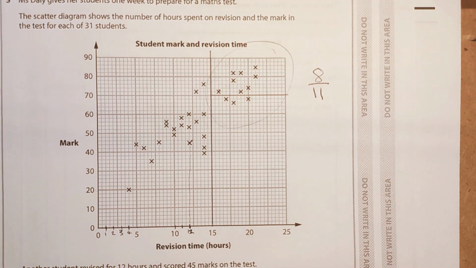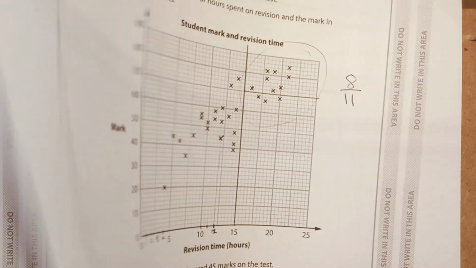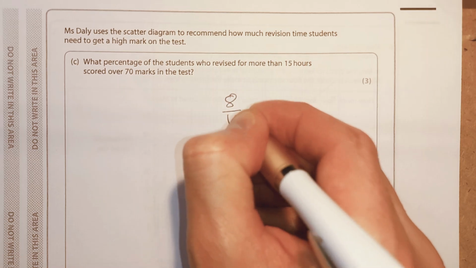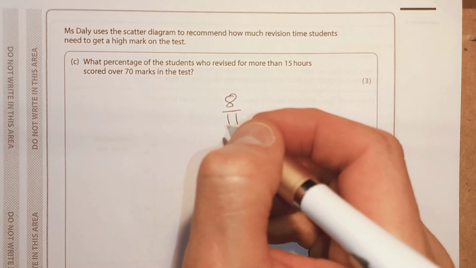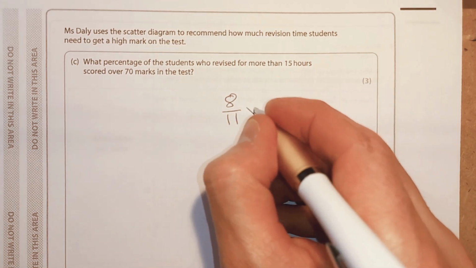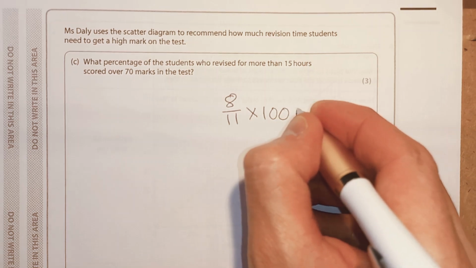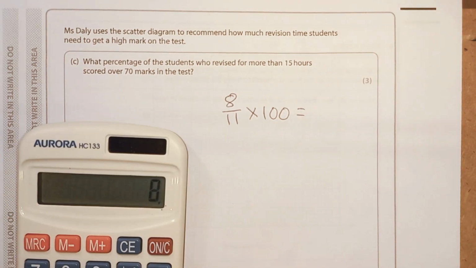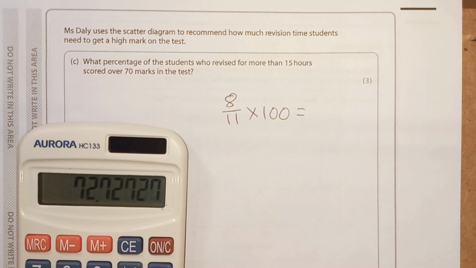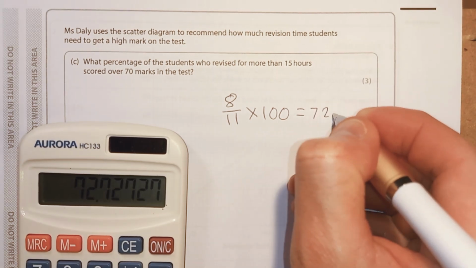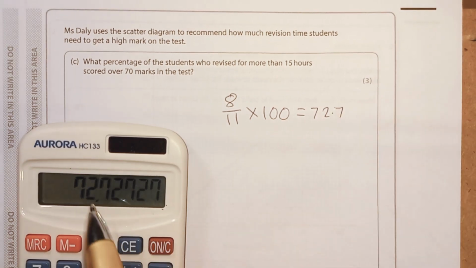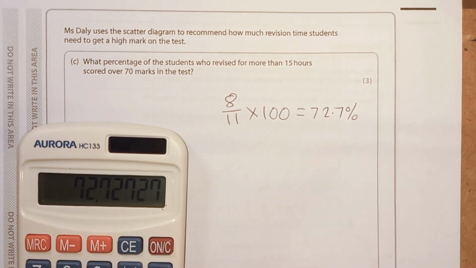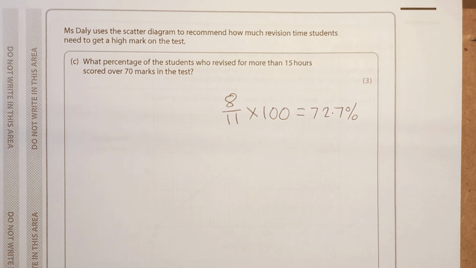So it's going to be 8 out of 11. Well, that's great as a fraction, but they want it as a percentage, so we need to multiply that by 100, which gives us 72.7, to one decimal place. The next digit, 7, is more than 5, so we round up to 72.7%.